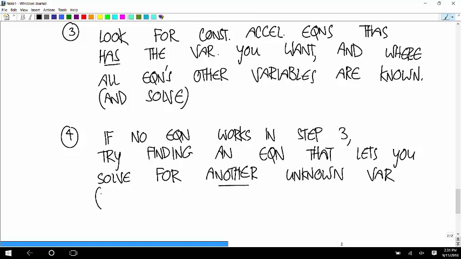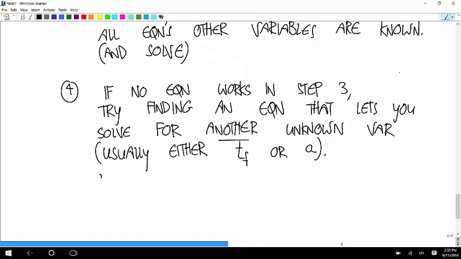Usually that's going to be either time final or acceleration. And then go back to step 2.